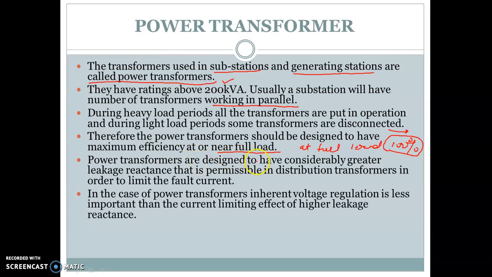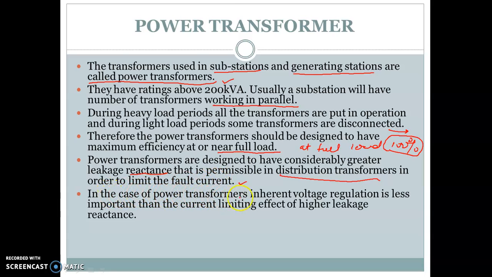Power transformers are designed to have considerably greater leakage reactance than is permissible in distribution transformers, in order to limit the fault current.